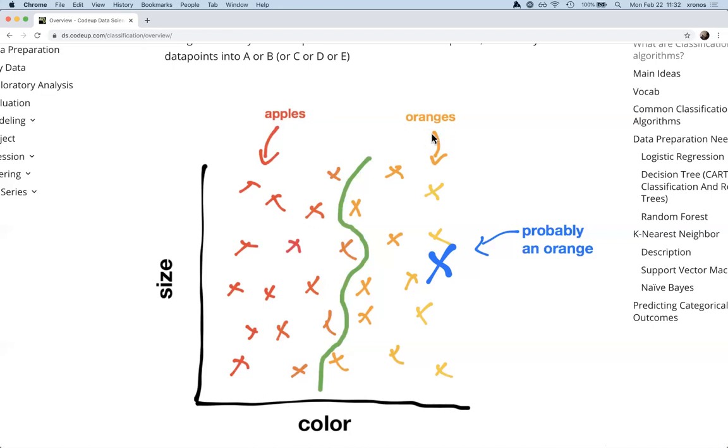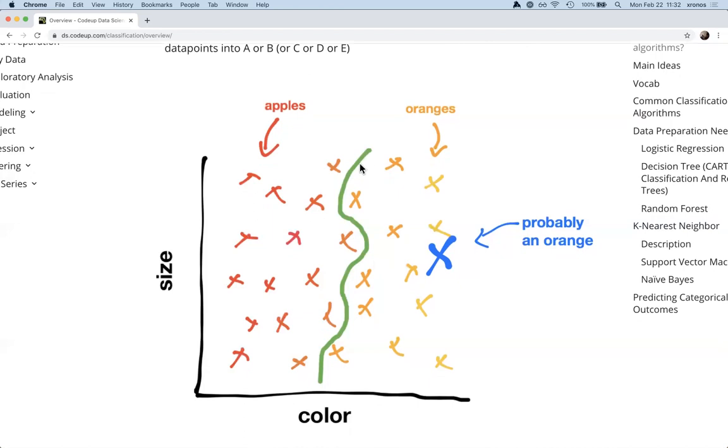We know that the orange X's are oranges because in that data frame, we would actually have an outcome or a fruit type or species or some sort of piece of data that tells us what the label is. And by drawing this decision rule, it could be a straight line, it could be a curvy line, it really is going to be a function of the labels on the data.